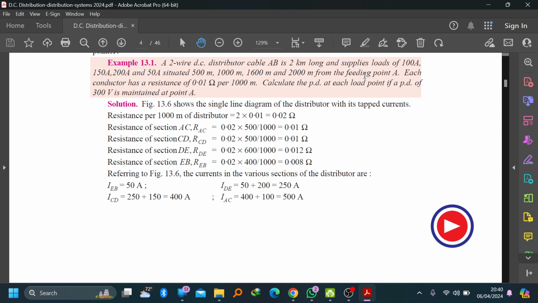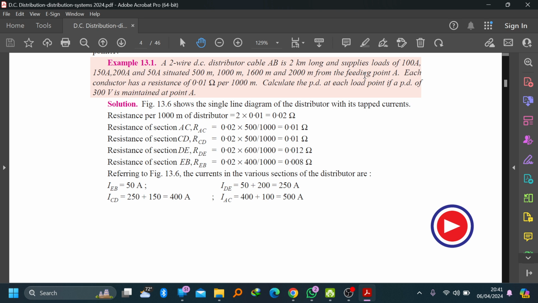so they're saying the 2-wire DC distributor AB is 2 kilometers long and supplies loads of 100 amps, 150, 200 amps, 50 amps, and they are situated at 500 meters, 1000 meters, and so on, from the feeding point A. They're saying each conductor has a resistance of 0.1 ohm per 1000 meters.